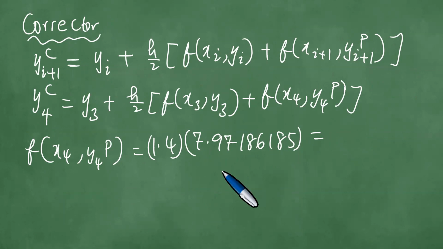So now what do we have? 1.4 by 7.97186185.